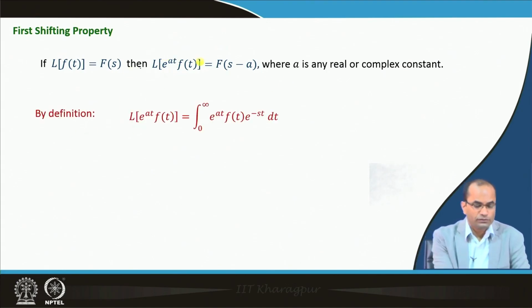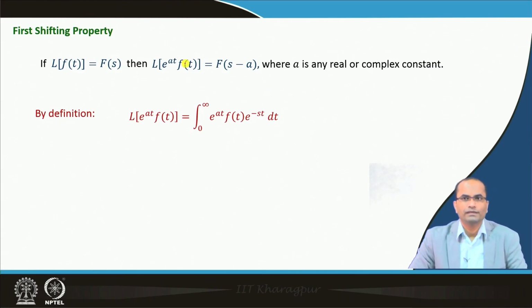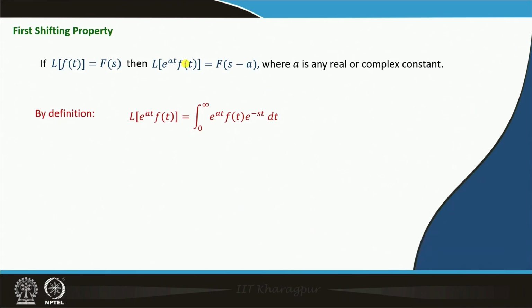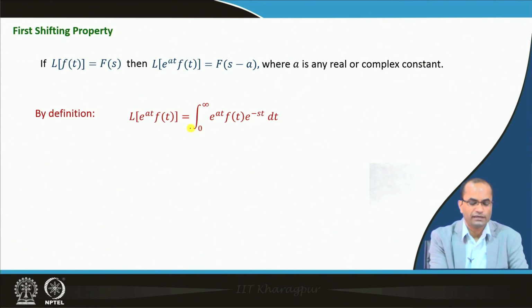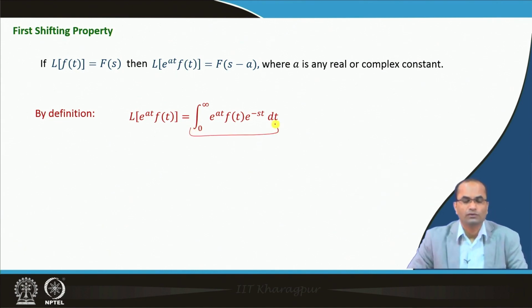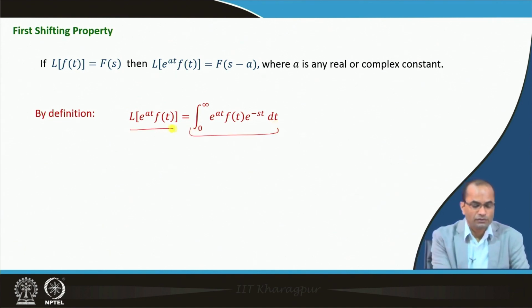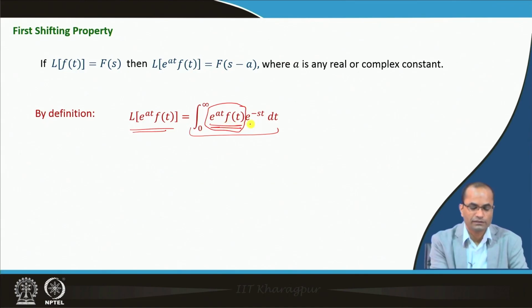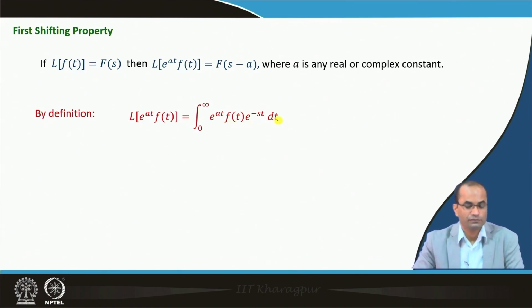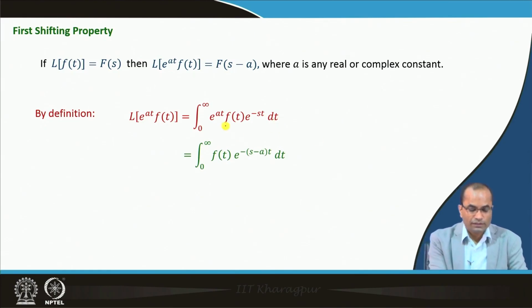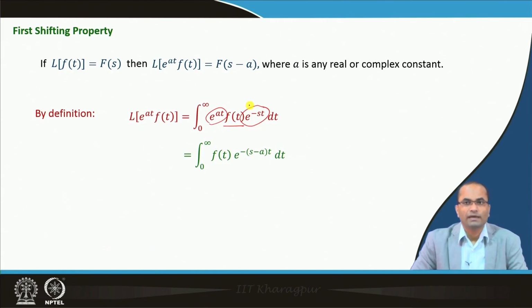So, by definition, we can go through the proof. The proofs are very simple in these cases, because finally we are dealing with integrals only. We have the Laplace of e power a t f t, and then e power minus s t because of the Laplace transform. Then we have f t, and this e power a t will be merged with e power minus s t.